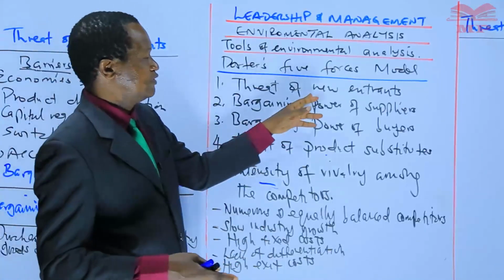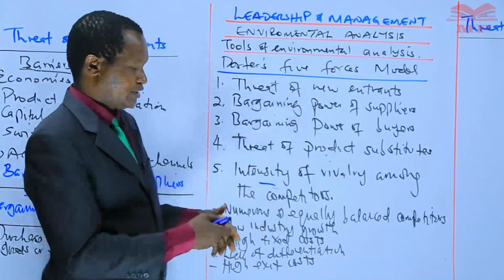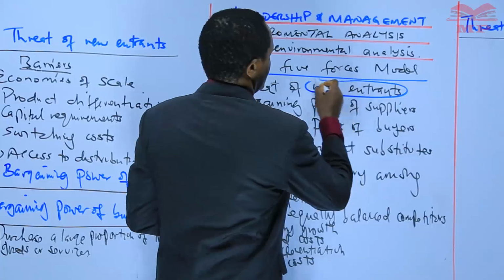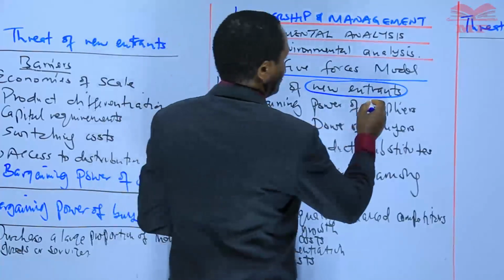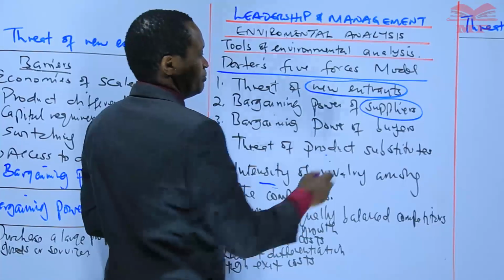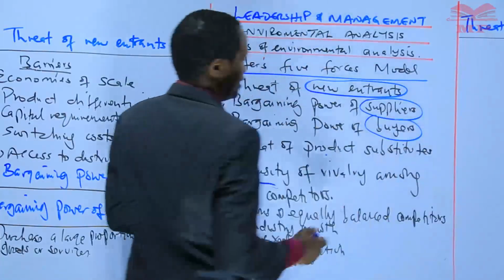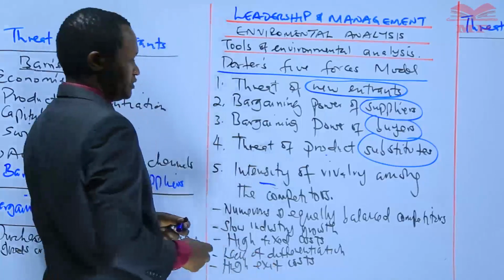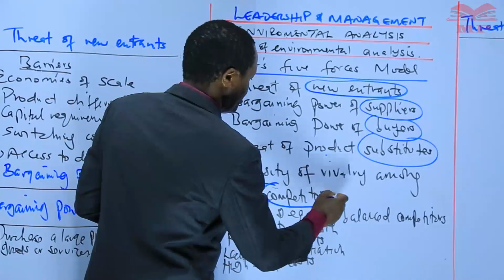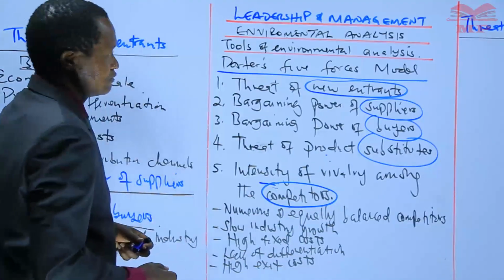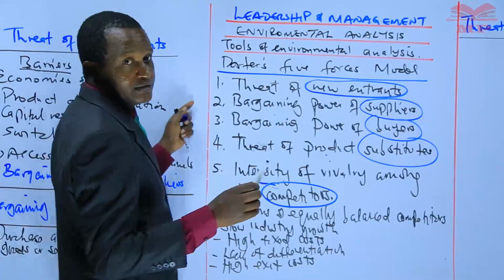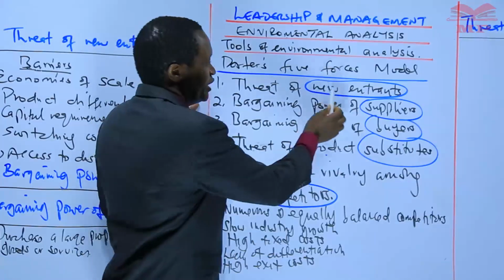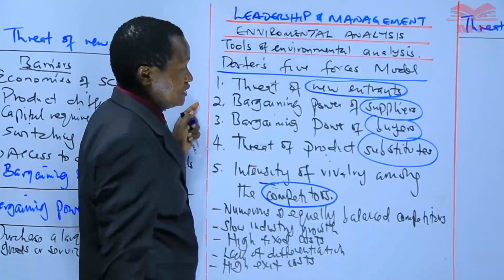From the perspective of new entrants, we have these new entrants, because there is also the power of suppliers, the bargaining power of buyers. Then there are substitutes. These are forces. Then we have here competitors, competition. So these are forces or factors. New entrants can threaten your business.